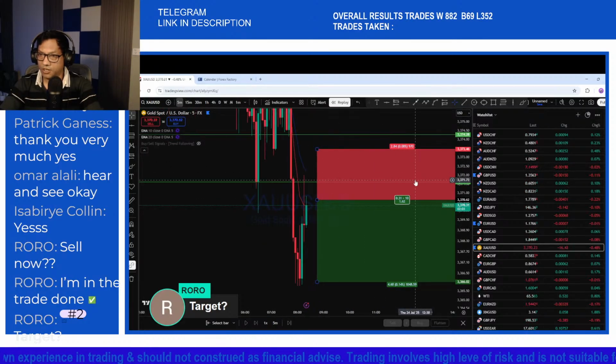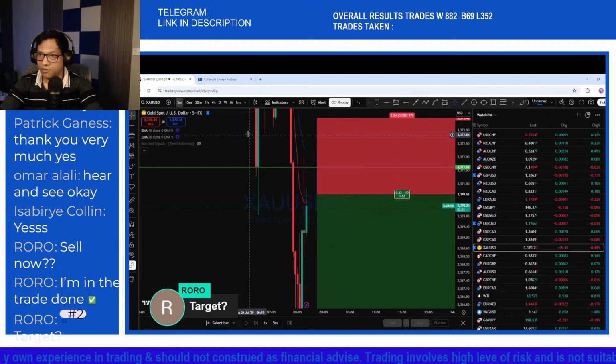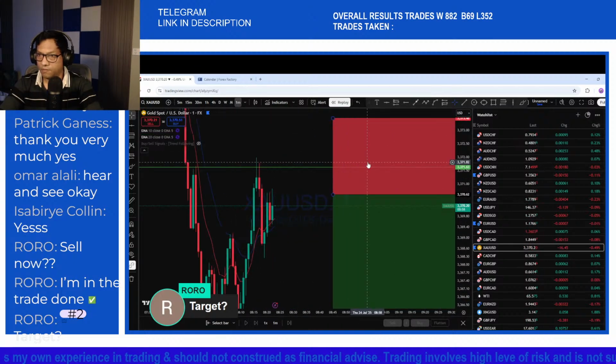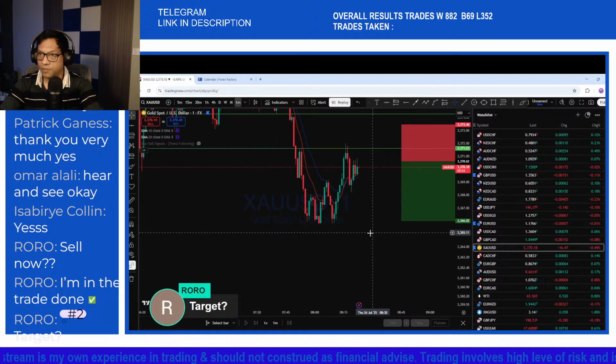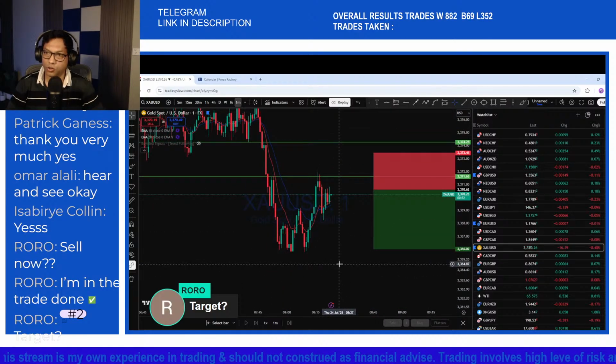Here the market is creating, waiting for a possible break below.